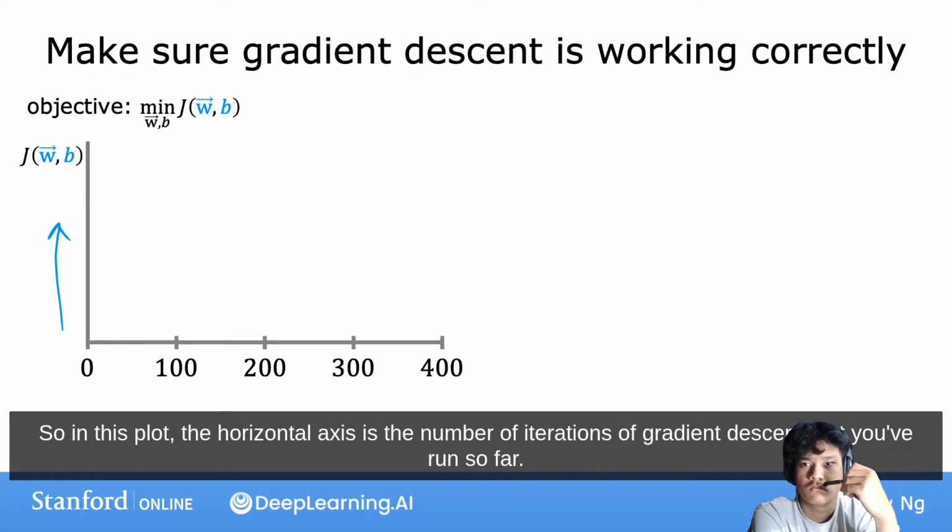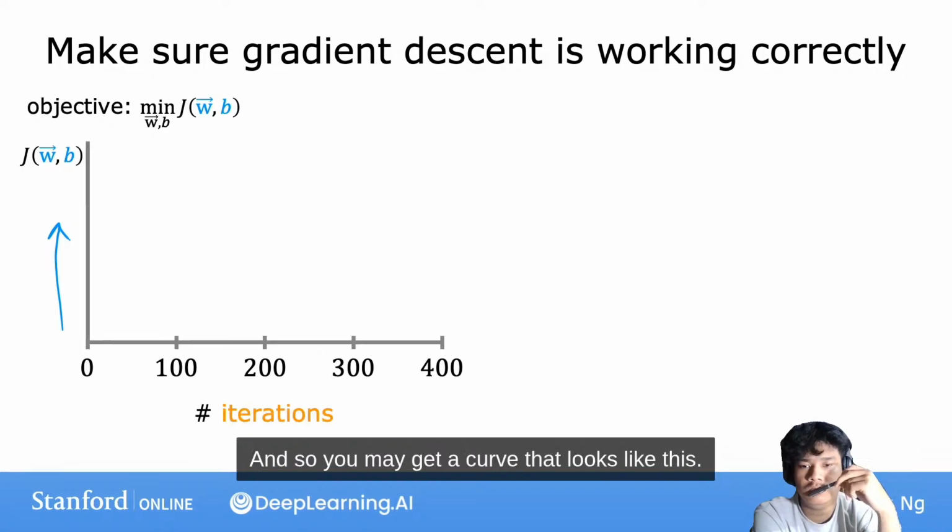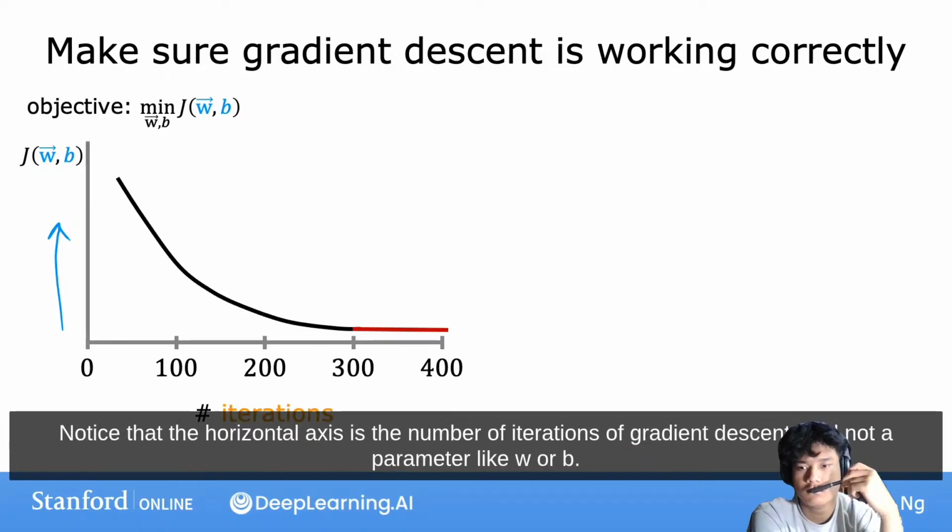So in this plot, the horizontal axis is the number of iterations of gradient descent that you've run so far. And so you may get a curve that looks like this. Notice that the horizontal axis is the number of iterations of gradient descent and not a parameter like w or b.